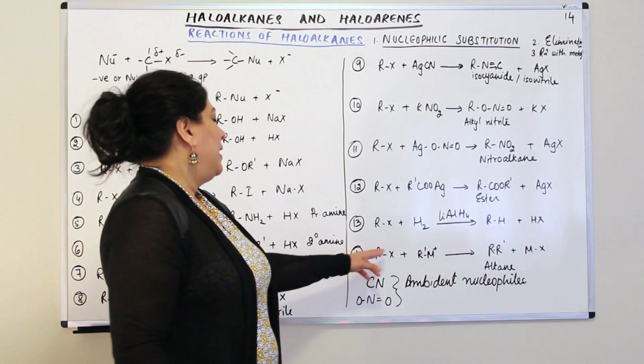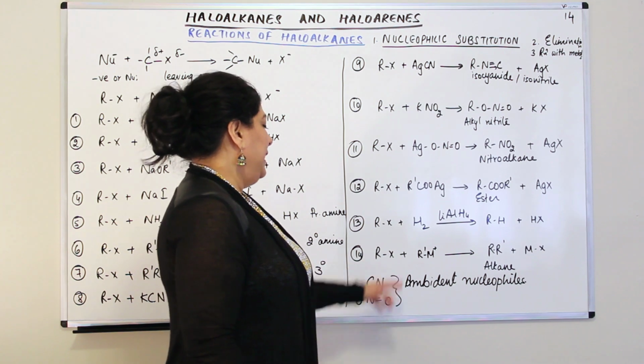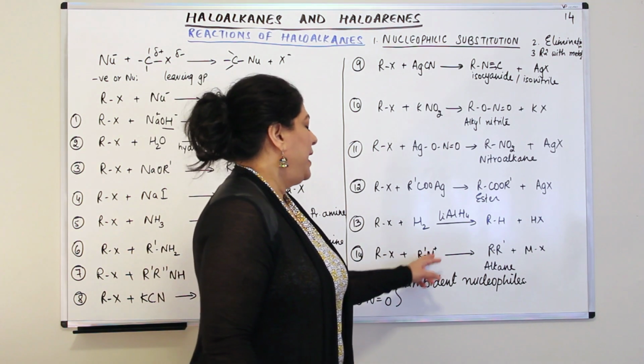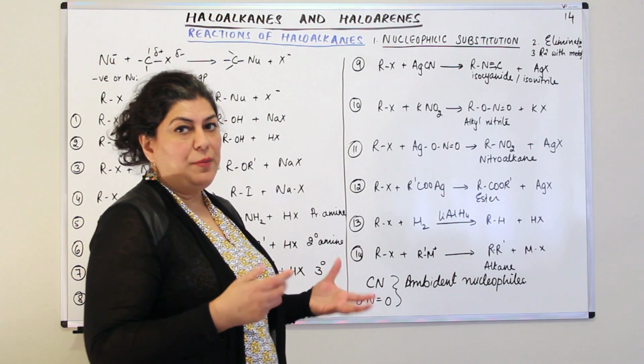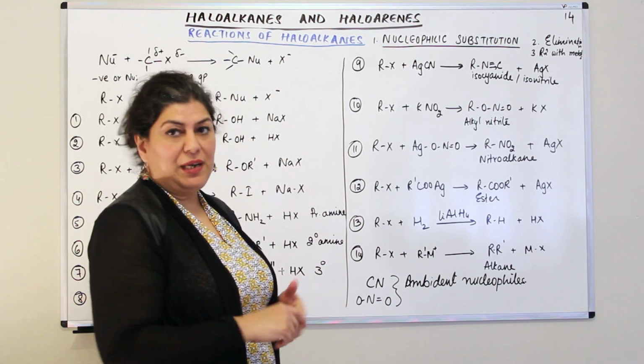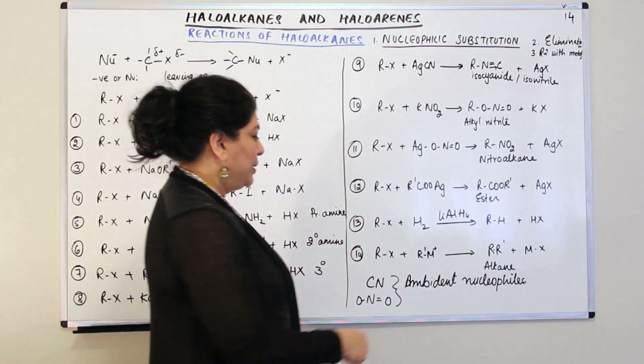The 14th reaction would be RX, again, that is haloalkane, combines with R dash M positive, a hydrocarbon in which one of the hydrogens has been substituted with a metal.